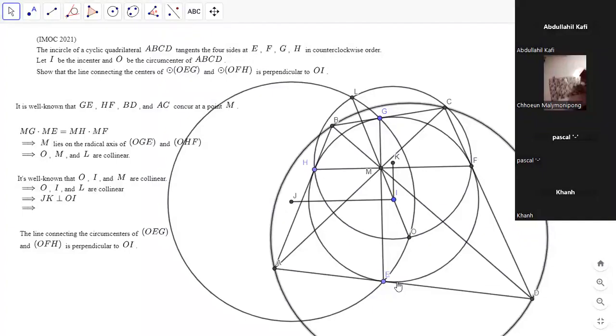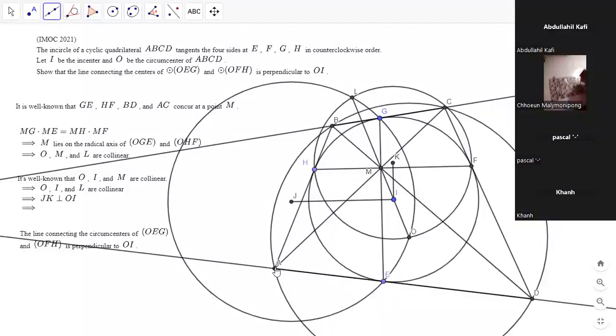Draw the intersection of the extended lines, BC and AD. So basically you're connecting these, right?